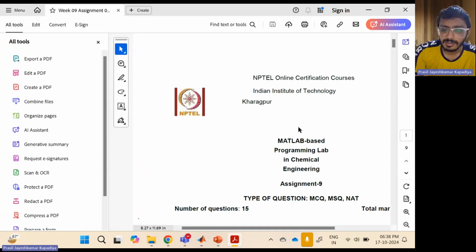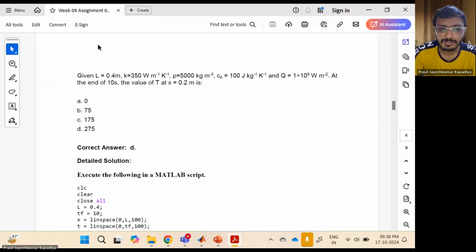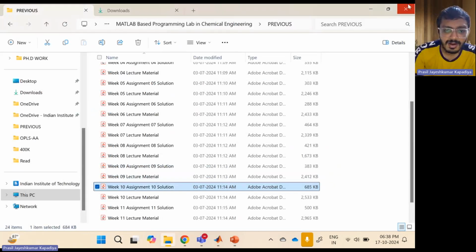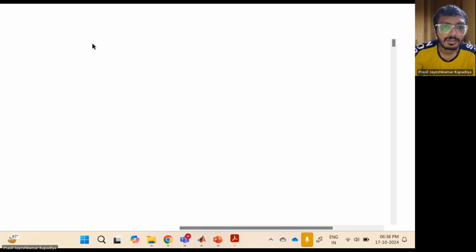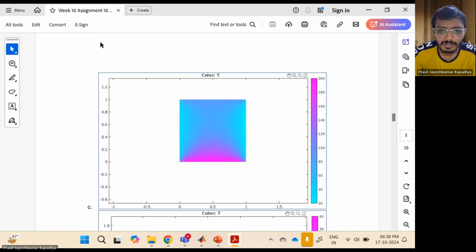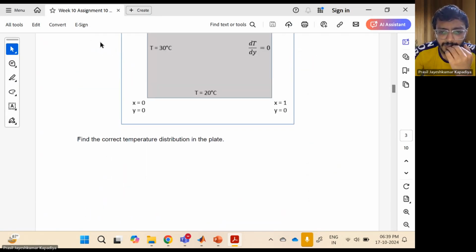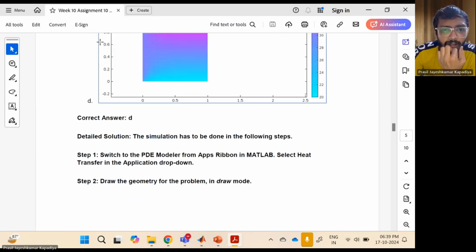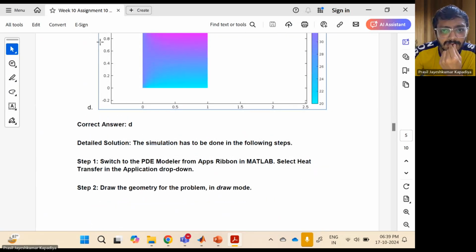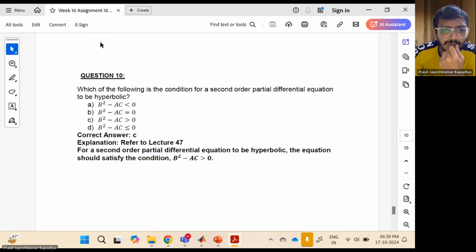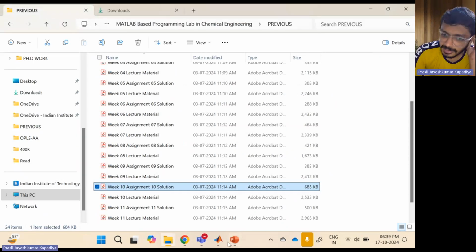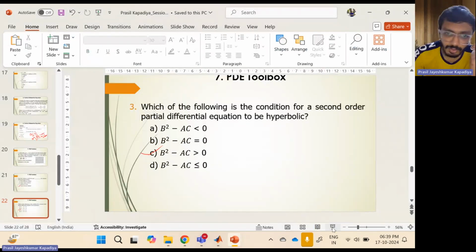Not 9, it's 10. Yeah, hyperbolic: b square minus ac is greater than 0. Okay, it is correct.